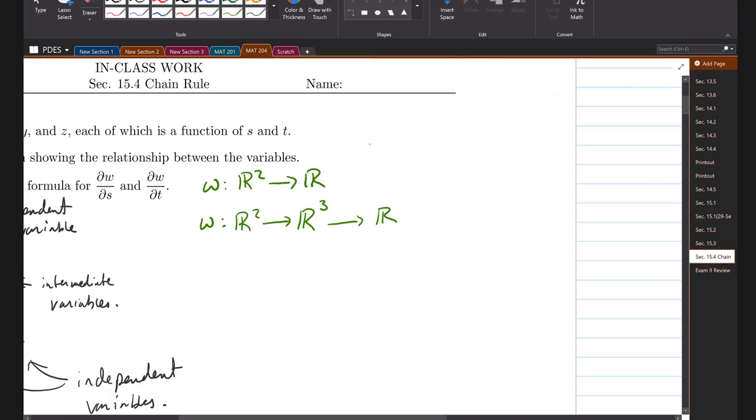We've got the UV land, and we're going to map that into the XYZ land, and then map that into the W land.